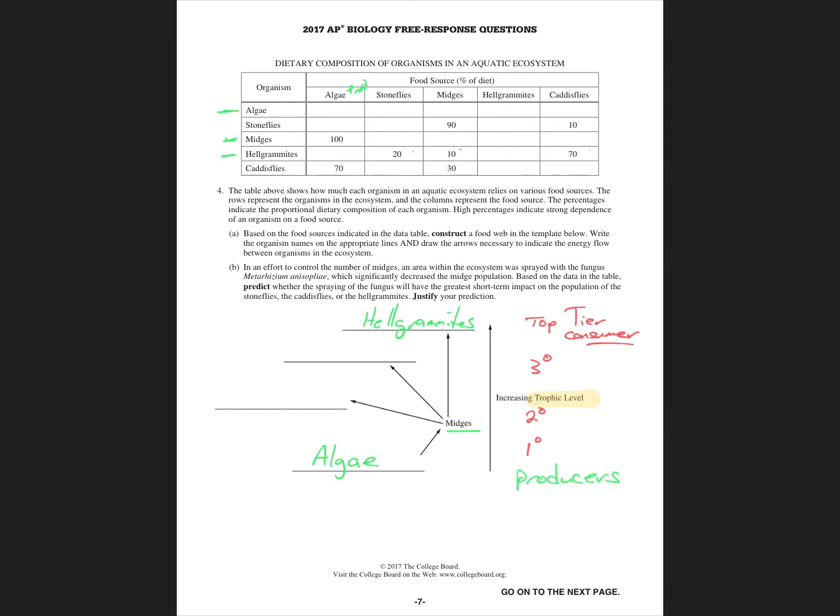Now, when I'm looking at caddisflies, 70 percent of them do eat algae, and then some of them eat midges. So they're probably lower on the trophic level. So I would have to say that caddisflies that eat algae and midges are probably going to be there.